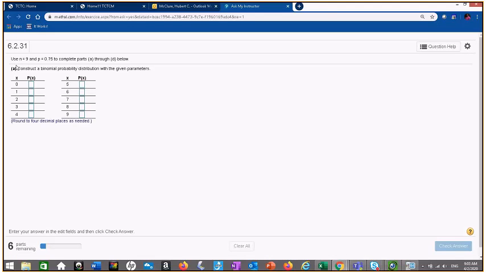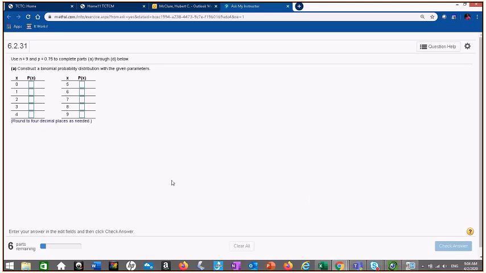Okay, use n is equal to 9, p is equal to 0.75. This is nothing but npx. When I tried to put it in as NPX, it didn't like my answers. Well, that's all this is.